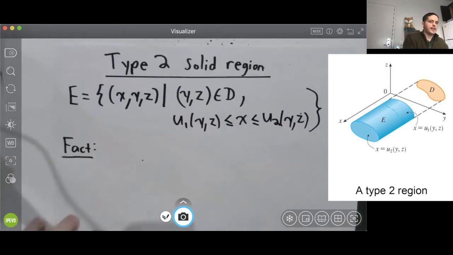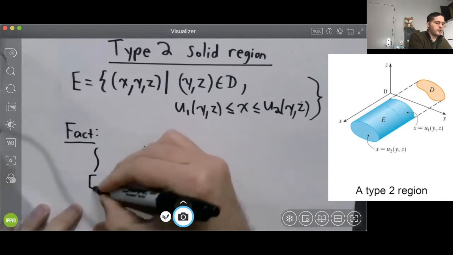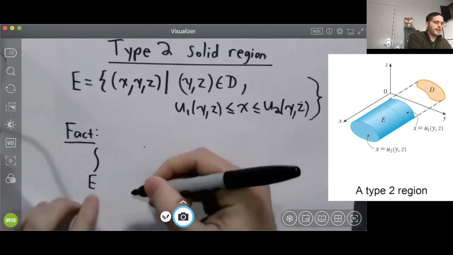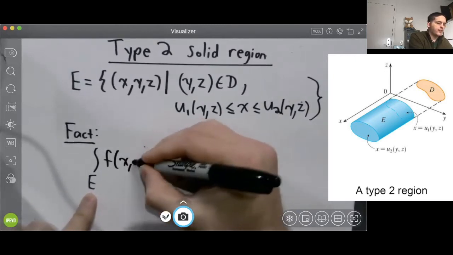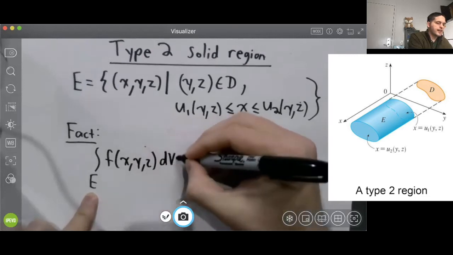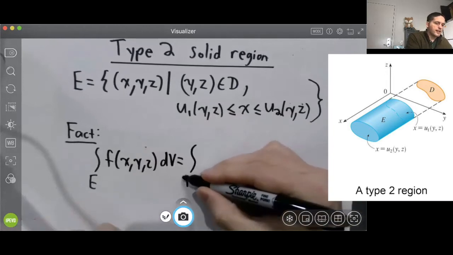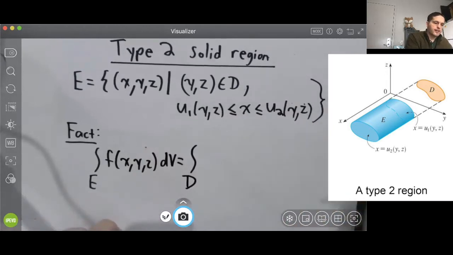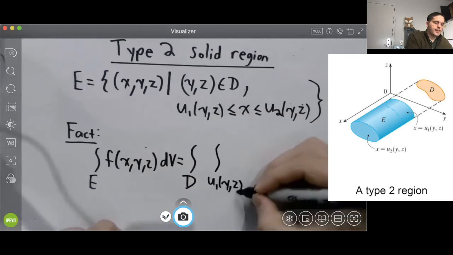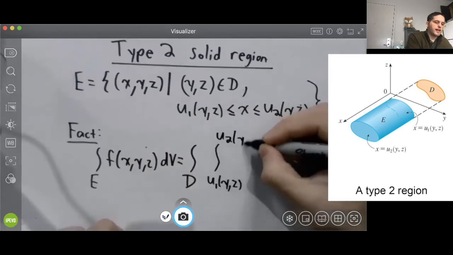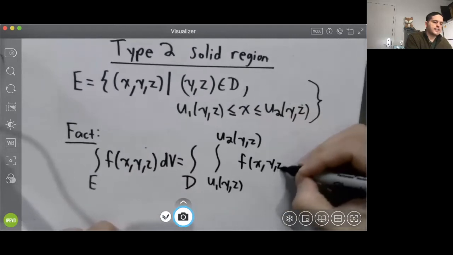And here's a fact that will tell us how to integrate a function of 3 variables over a type 2 solid region. The integral over E of a function f of x, y, z is equal to the integral over D of the integral from u1 of yz to u2 of yz, f of x, y, z.